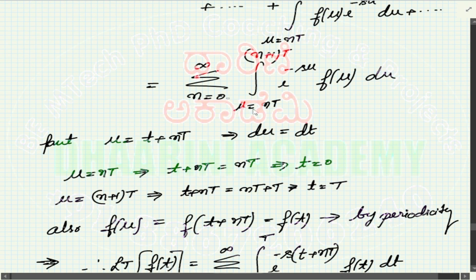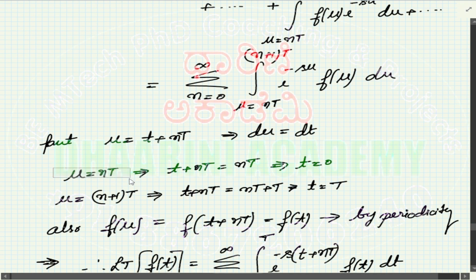I'll repeat. I can see that u is equal to nT is my lower limit. U is equal to n plus 1 T is the upper limit. But now I am actually replacing every u by t plus nT. In terms of t, I should write now because t is my variable, right?